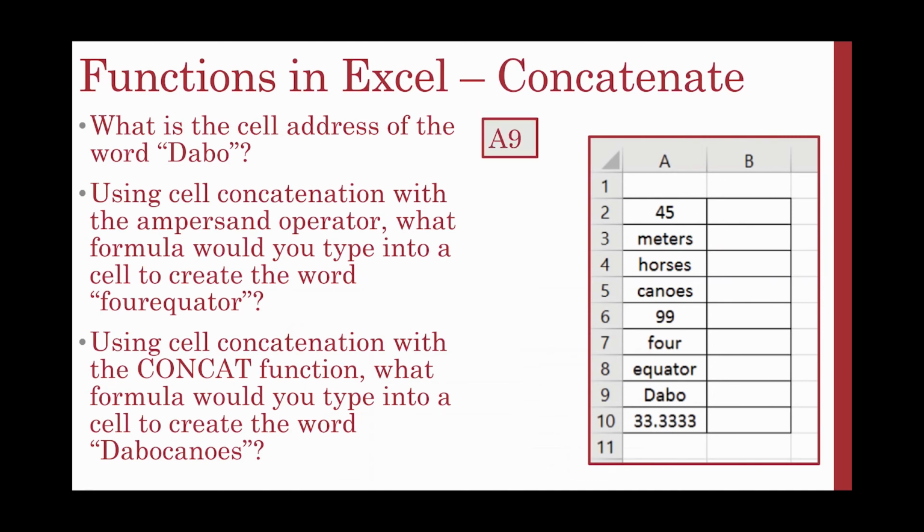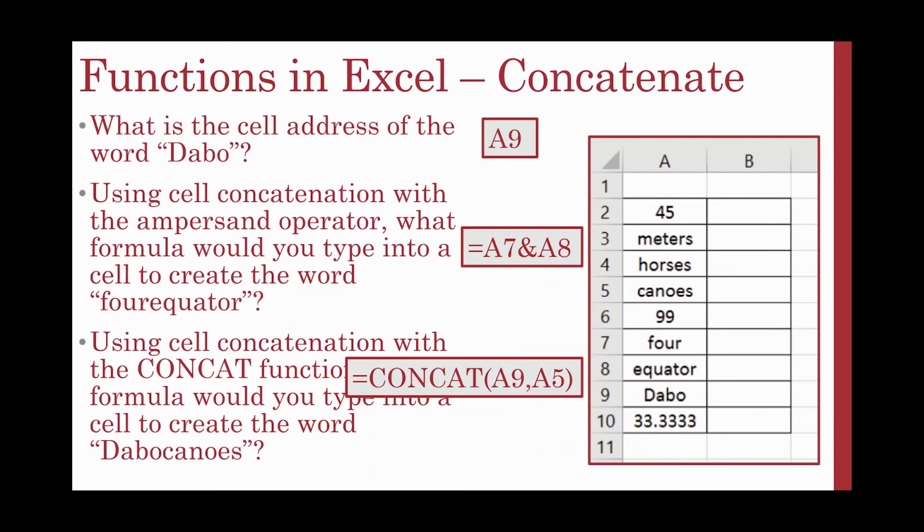So Dabo is in A9. To get for equator, well, 4 is in cell A7 and equator is in A8. So we would type in A7 and A8. And then to get Dabo canoes using the concat function, we would type in concat of A9, A5.